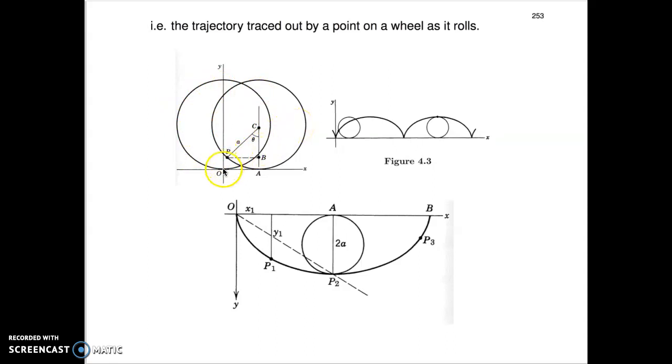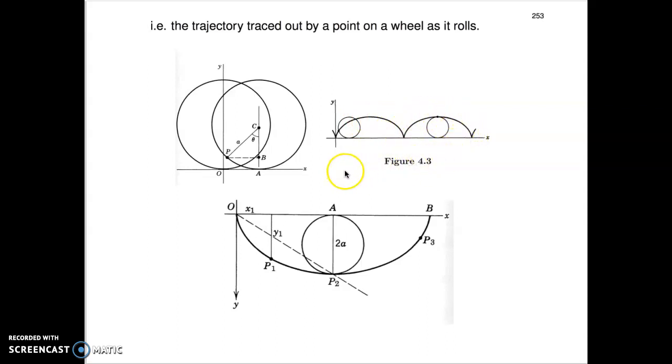If you actually track the position of that point as it moves along, it will trace out a curve which is the cycloid. And the cycloid will look like this. So a point on the wheel, as the wheel rolls along the x-axis, will trace out this curve here.